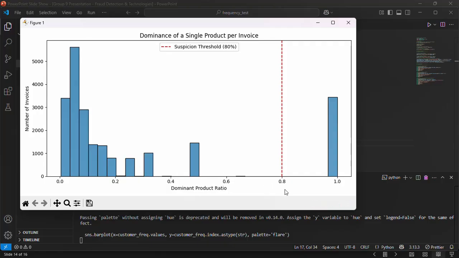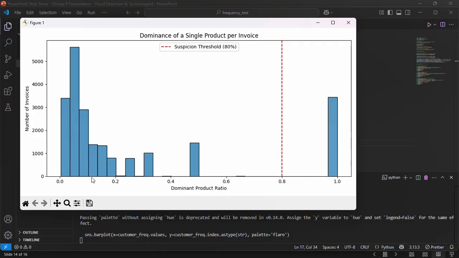For example, a ratio of 1.0 means the invoice was made up of just one product repeated over and over. This red dashed line marks our suspicious threshold at 80% of the invoice. Invoices that cross this line are considered potentially suspicious because it's unusual for one product to make up such a large portion of a customer's cart.